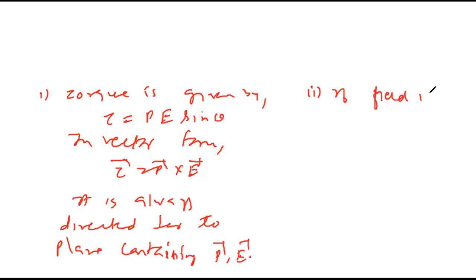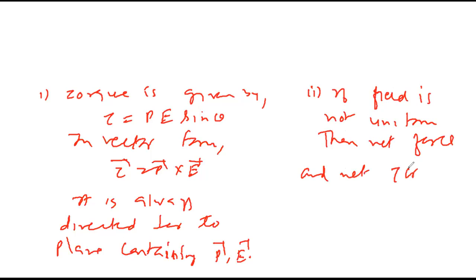If field is not uniform, that means we can't get equal and opposite forces. Then net force and net torque can never be 0.